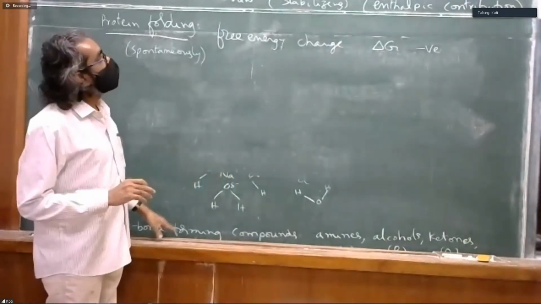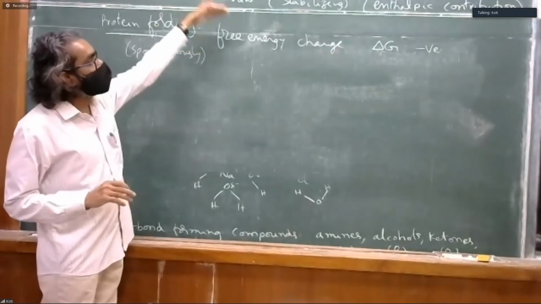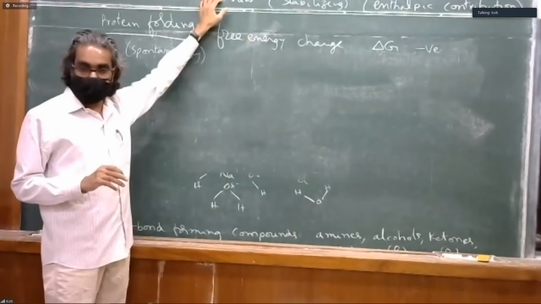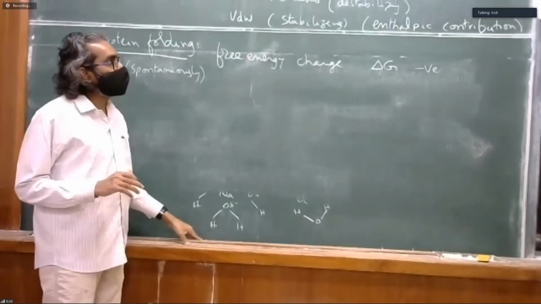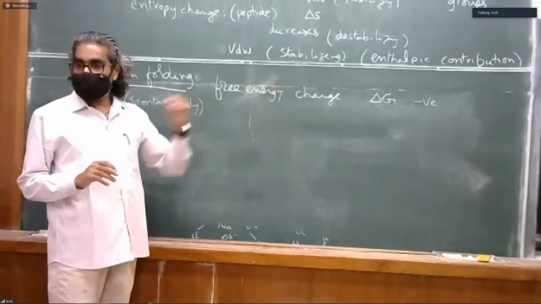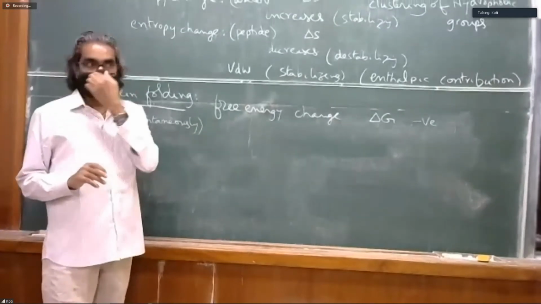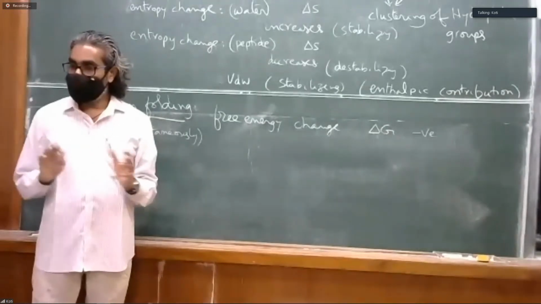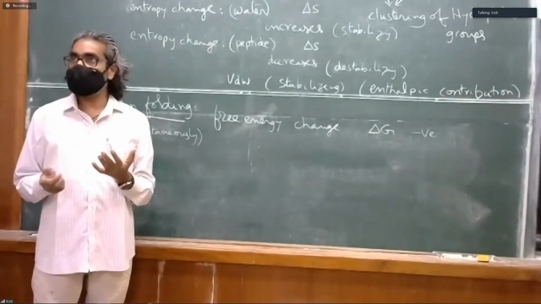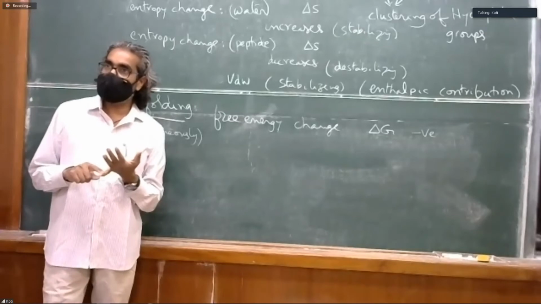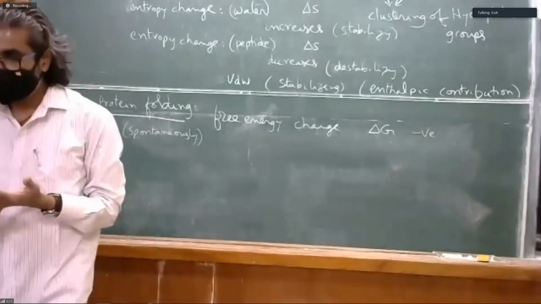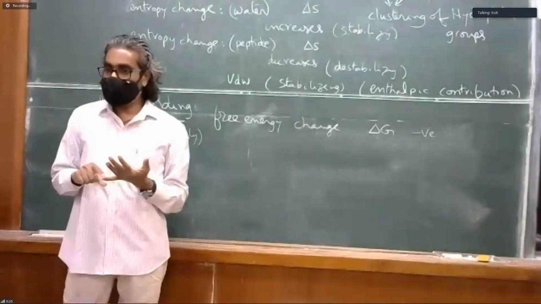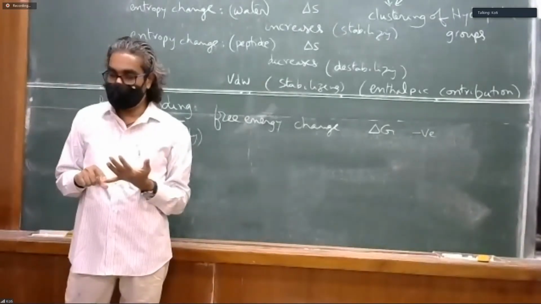Okay, so we have three contributions to the delta G. One, the stabilizing forces or the enthalpic contribution that mainly comes from side chain interactions. Also, if you include hydrogen bond formation, for example, when a polypeptide chain forms an alpha helix, we know exactly where the hydrogen bonds are. If it forms a 3-10 helix, we know where the hydrogen bonds are.